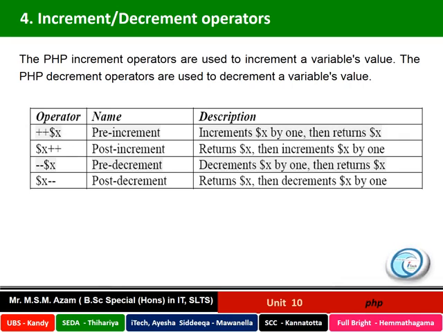This is called post decrement. Here we return the value of the variable x first, then only decrement the value of the variable x by 1. This is called post decrement. We see the examples and understand the concept of increment and decrement operators next.